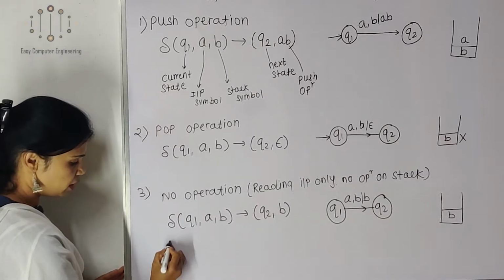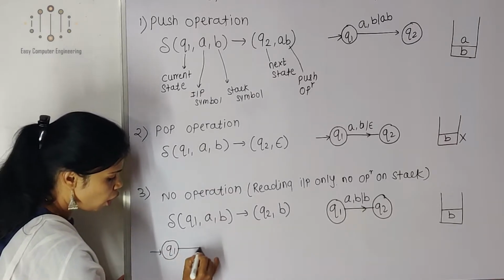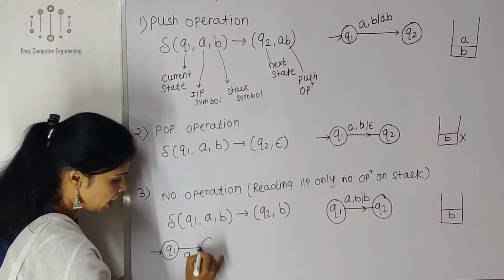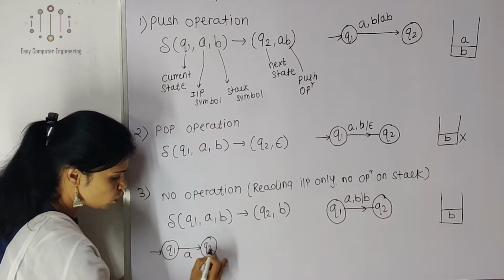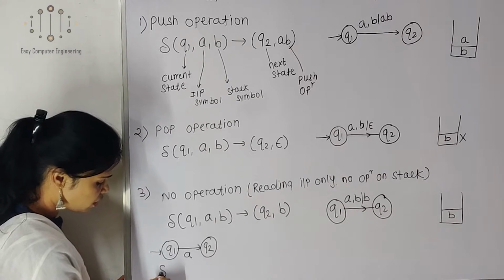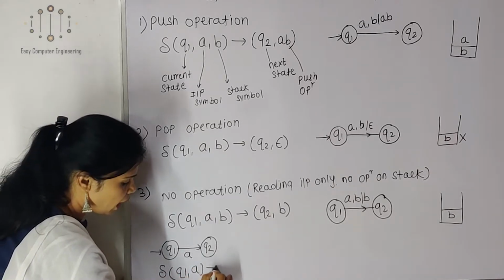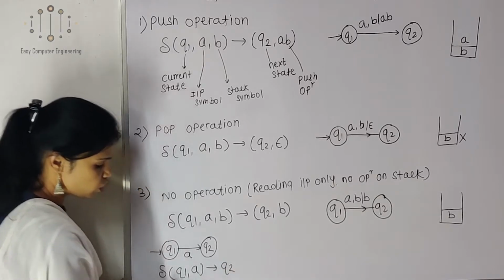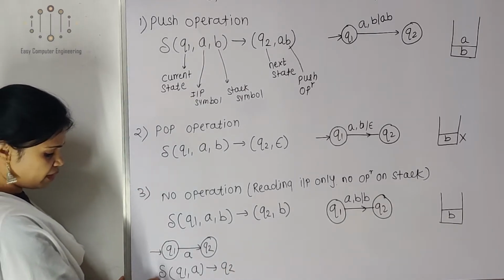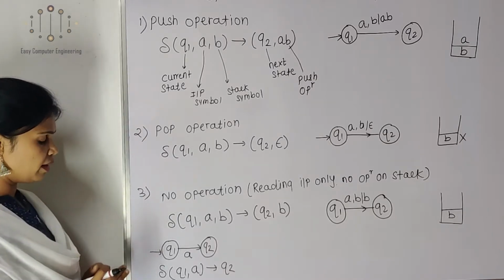Let us consider one state Q1. On input symbol A, I am moving to the Q2 state. So how can we represent it with the help of the transition function? From Q1 on A, I can move to Q2. This is the representation of the transition function, and this is the graphical representation of the finite automata.